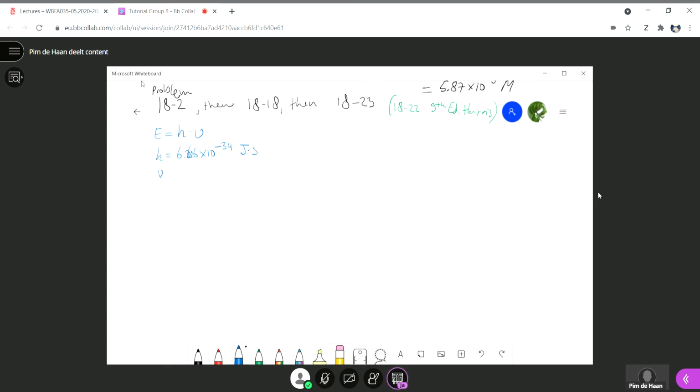And nu is the frequency, so it's a per second thing, which can be calculated by dividing c by lambda. And c is the speed of light, which you all know is 2.998 times 10 to the 8th meters per second, so 300 million meters per second. This is a constant. Divided by lambda. Now, lambda in this case is 650 nanometers.